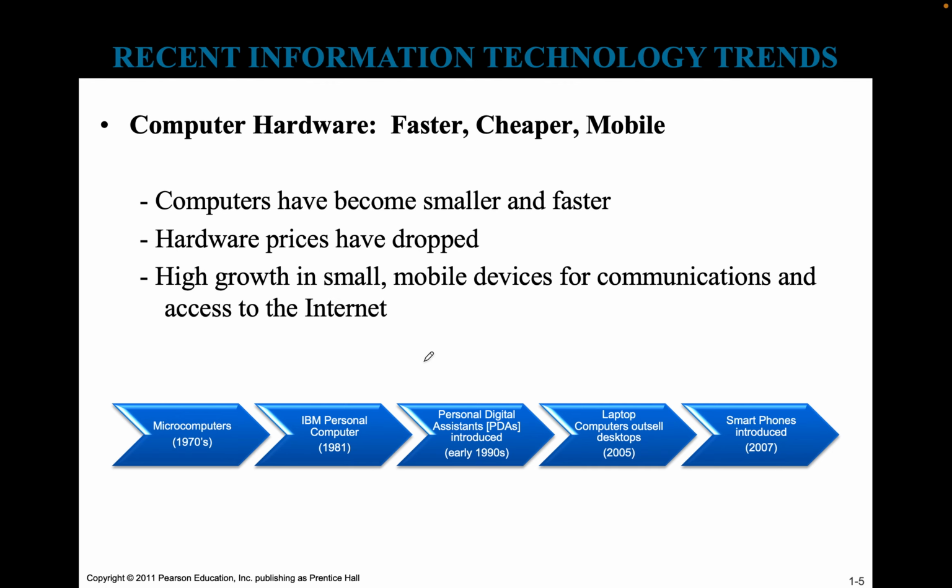Now we say computers have become smaller and faster. When we come to the software, we'll talk about, for example, if you're using Android phones, you go to the Play Store, or if you're using Apple phones, you go to the App Store and download any software package.